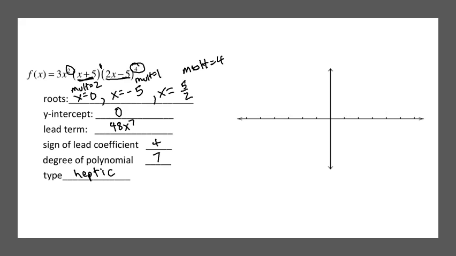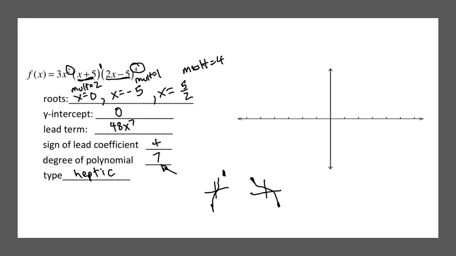So let's talk about the end behavior. If you notice that the degree is an odd number, which means that we would have symmetry with respect to the origin. So we're either going to have a graph that looks like this, where the ends are rising and falling, or we're going to have a graph like this, where they're rising and falling in the other direction.